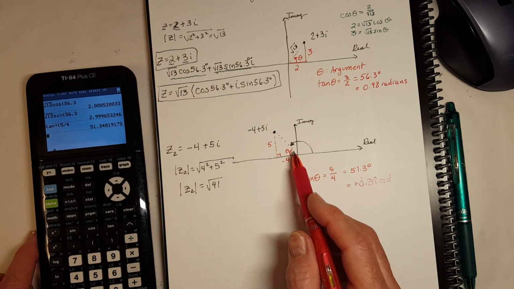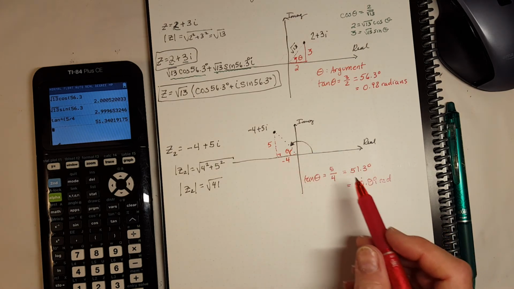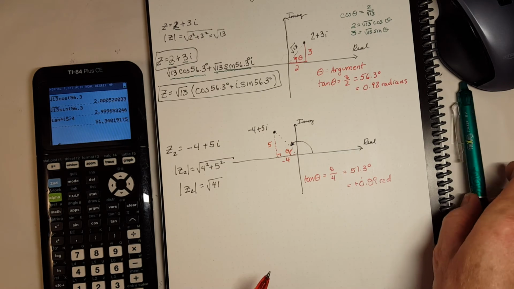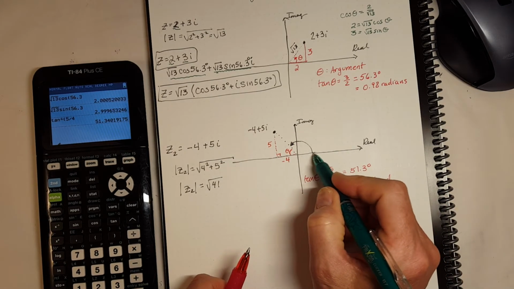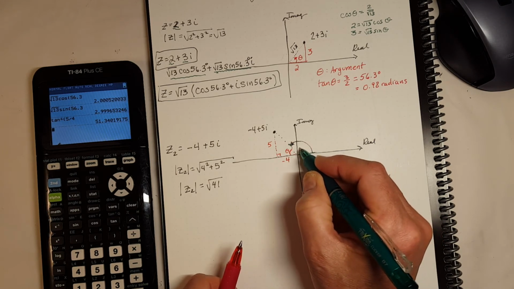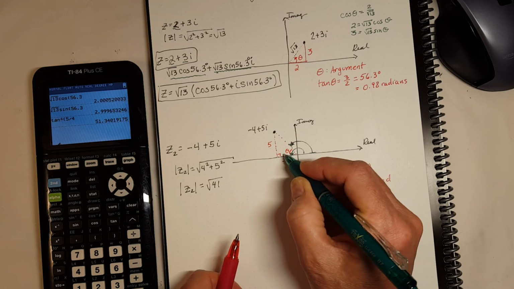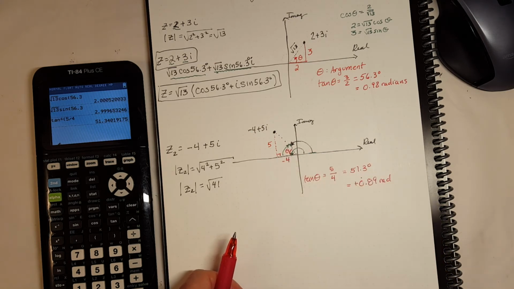Now, that is not the angle from the origin, right? If I was to measure from here to this point, that would be the same as measuring 180 degrees or pi radians and then subtracting that theta, going back that amount.